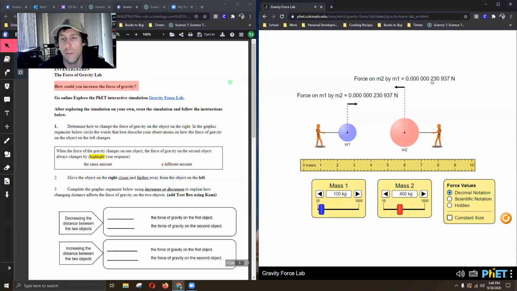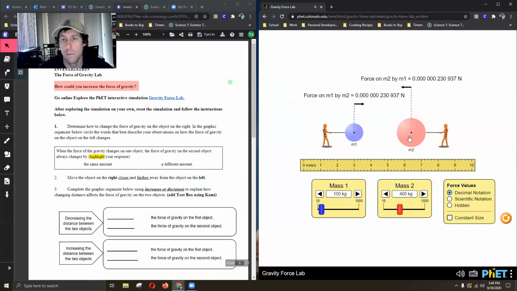Or is there ever a difference in the amount? When I do this, you notice it's always the same amount. The force of gravity is always equal on both objects. The force exerted by this object is equal to the force exerted by this object, but opposite in direction. So this should sound like one of the laws we've been talking about, one of Newton's laws of motion.